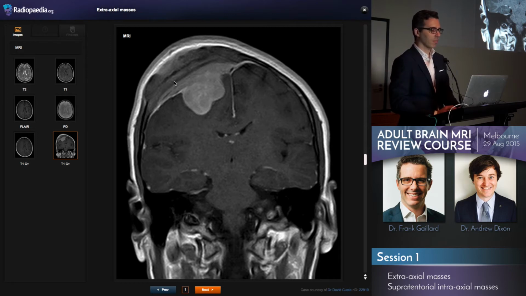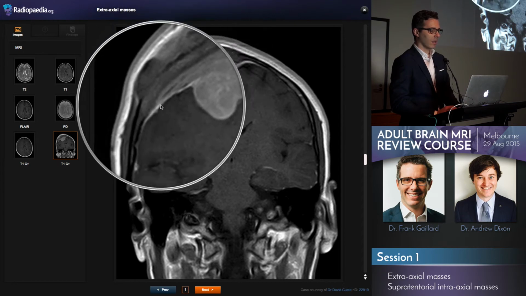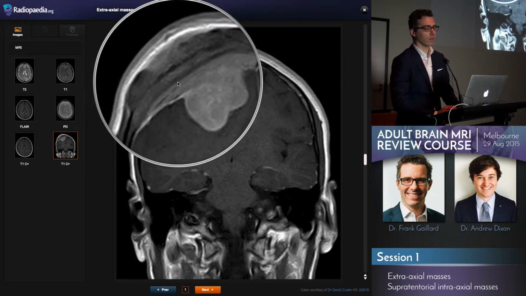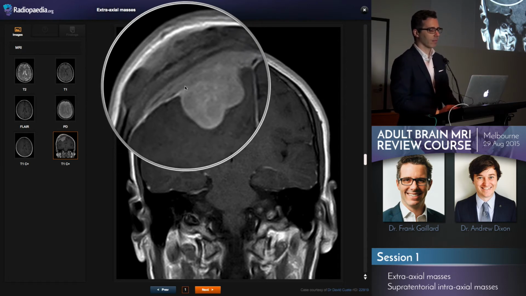So here we can see bone left over, it's gone through into the subgaleal tissues. And here you can even see the dura itself, and that's probably the parietal, so endosteal layer, as a black line. And we'll see this repeatedly, that meningiomas have the dura going through it, which, if you don't remember that meningiomas are not actually of the dura but of the arachnoid, can be a little bit difficult to explain away.